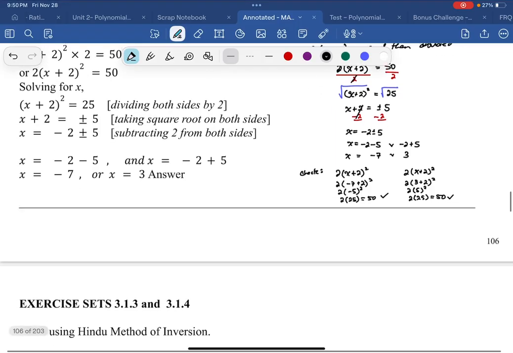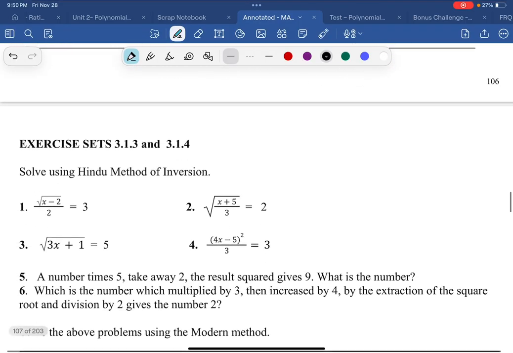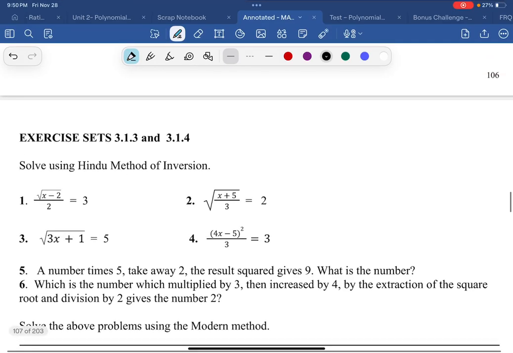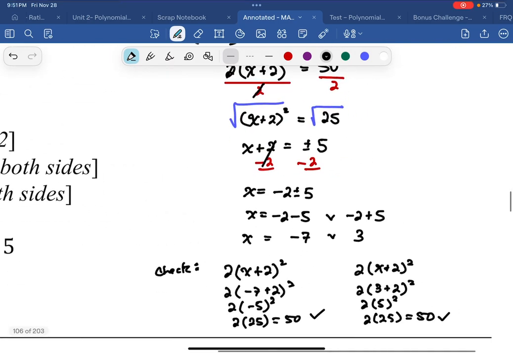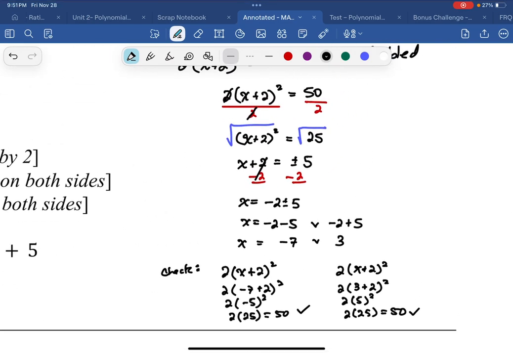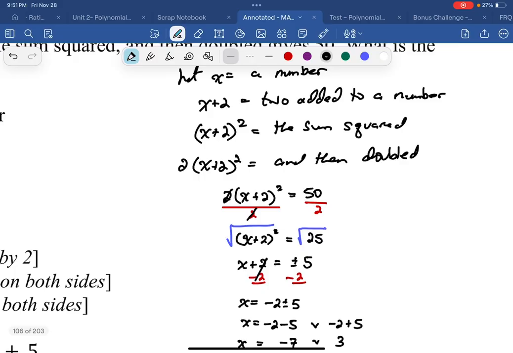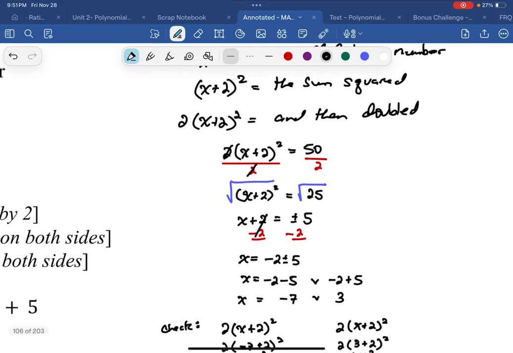All right. And so that'll set you up for 313 and 314. Like I was saying before, the Hindu inversion method and the modern method are essentially the same thing. What I did here is I applied either one of them, depending on what you want to believe. By writing out all the things that were happening in generating the equation and then doing all those things in reverse, I'm either applying the Hindu inversion method, or I was just doing modern algebra.